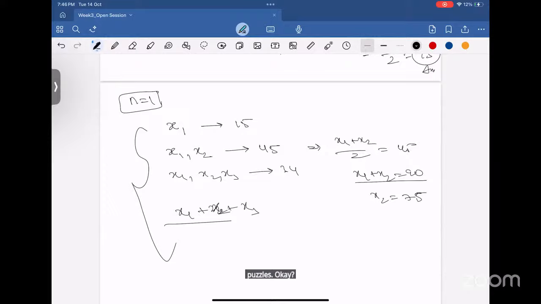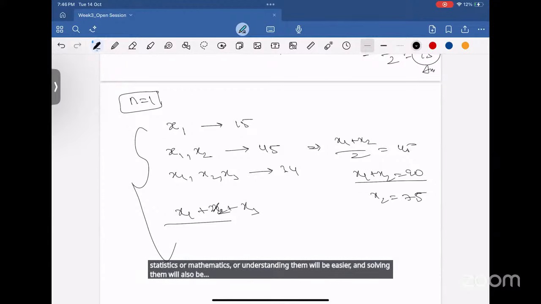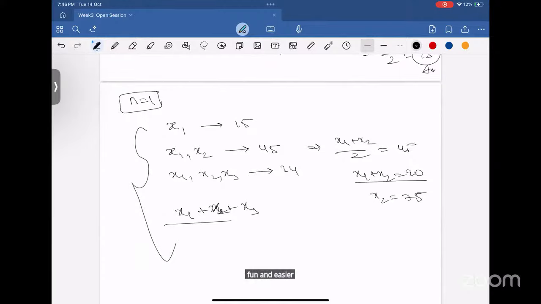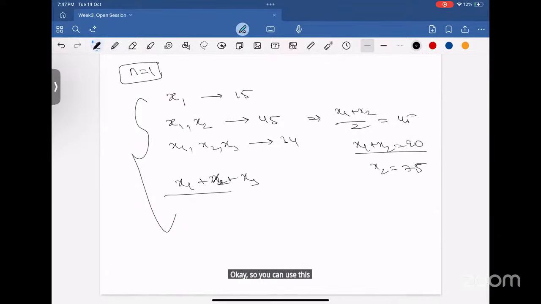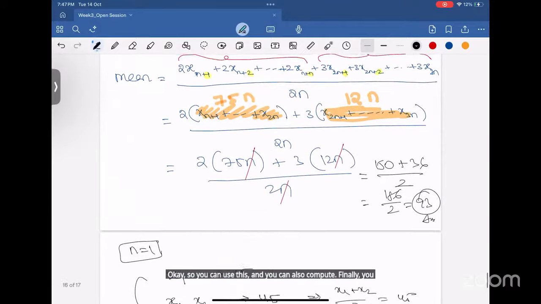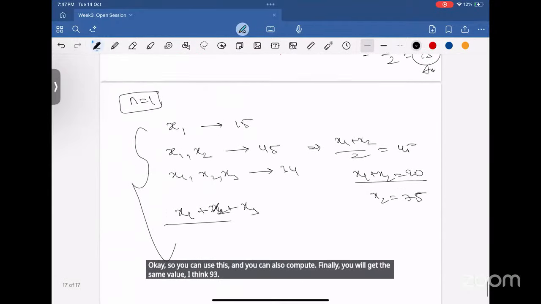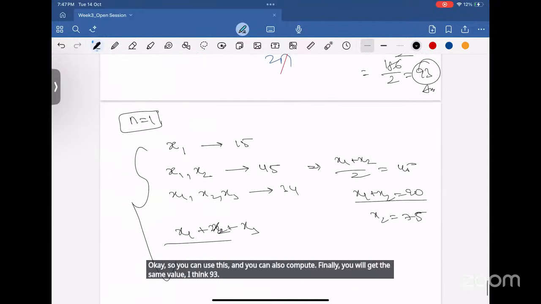When you're good at solving puzzles, your critical thinking will be improved. And once you start thinking in this way, statistics or mathematics or understanding them will be easier, and solving them will also be fun. So you can use this and you can also compute. Finally, you will get the same value. I think 93. You can try it out.